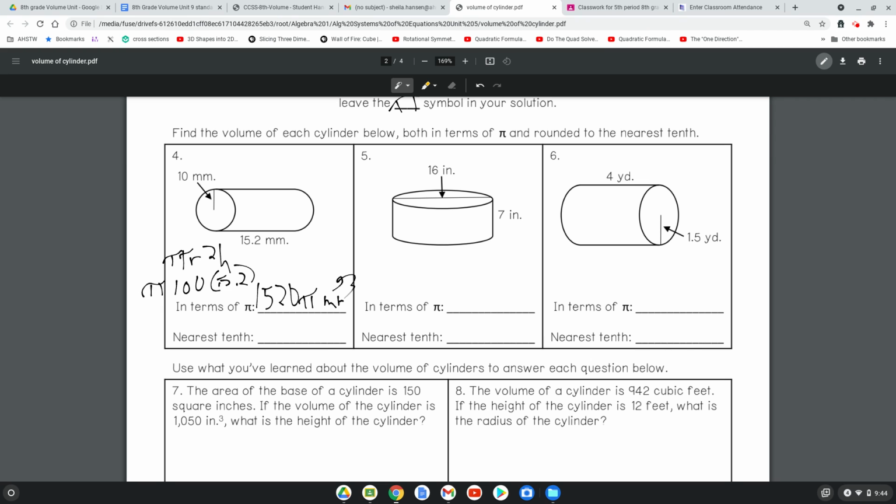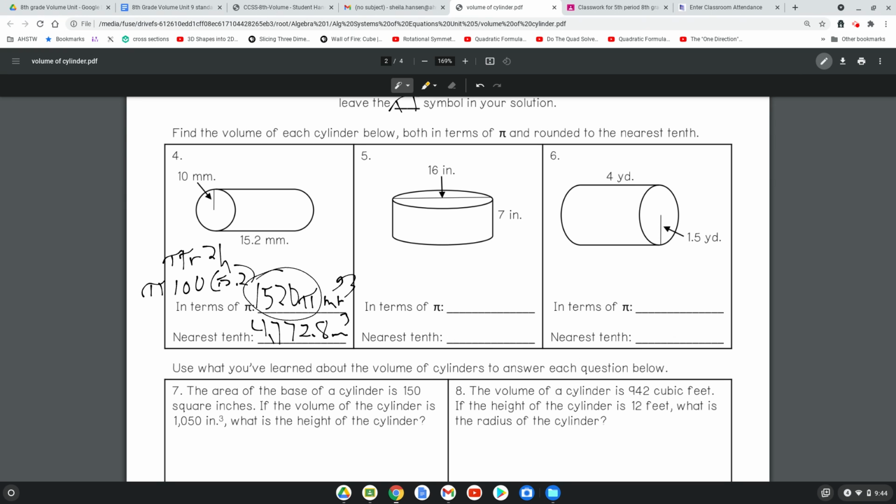That's a cubed. Okay. And then they want us to find it to the nearest tenth. So then you go ahead and multiply those two. So 1520 times pi, round to the nearest tenth, and you should get 4,772.8 millimeters cubed.